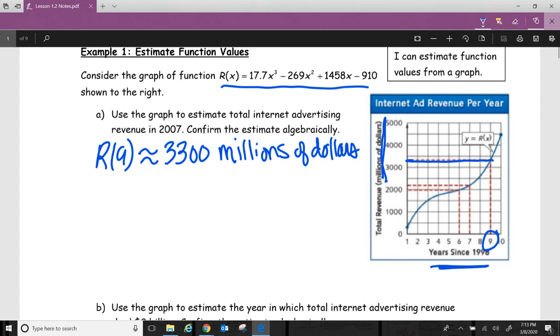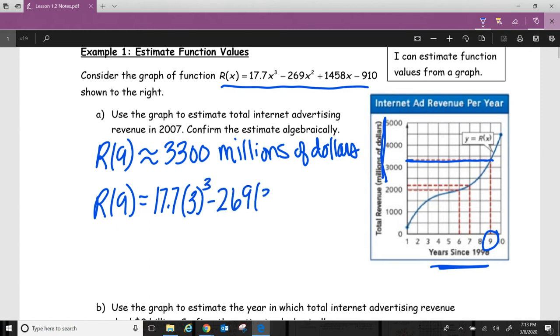All right. And then it says, great, now confirm that estimate algebraically. And all they mean is with your calculator, we're going to plug 9 into the calculator. That would be 17.7 times 9 cubed minus 269 times 9 squared plus 1458 times 9 minus 910.